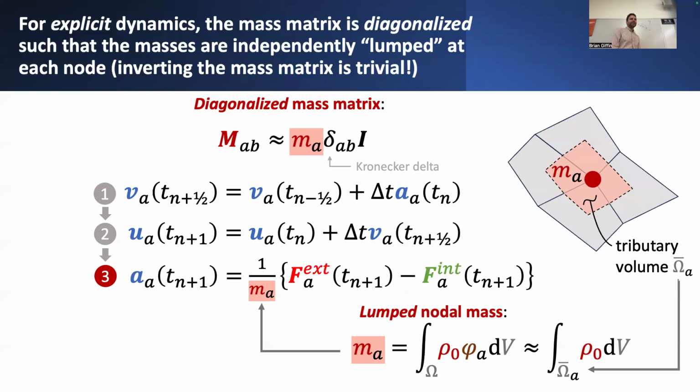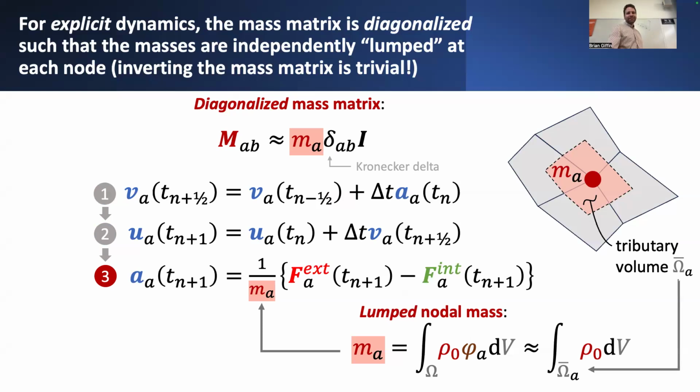There are a few different ways that you can compute or heuristically evaluate it. But probably the easiest interpretation of what this lumped mass means is that it's representative of the mass that surrounds a given node within some kind of tributary volume encompassing the portions of the elements that are connected to that particular node.